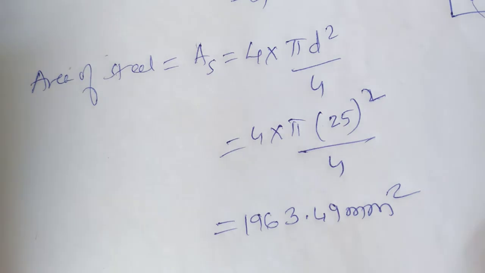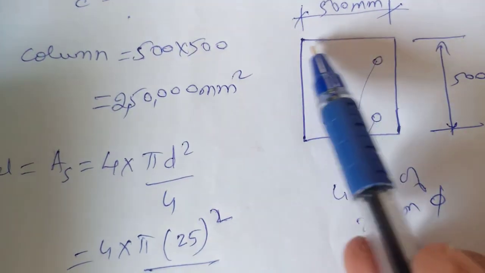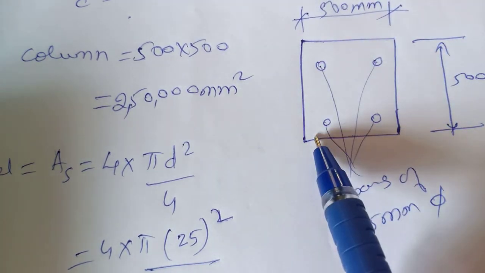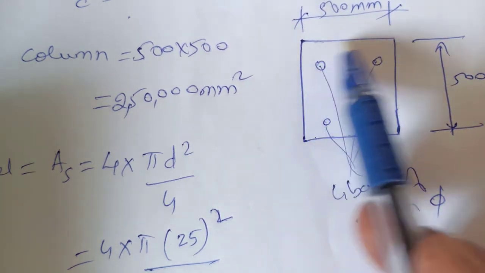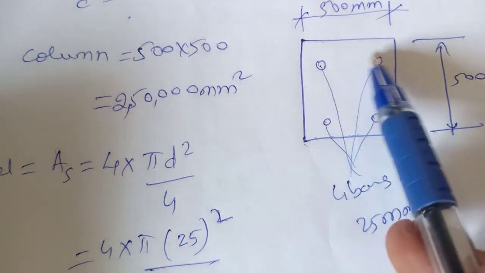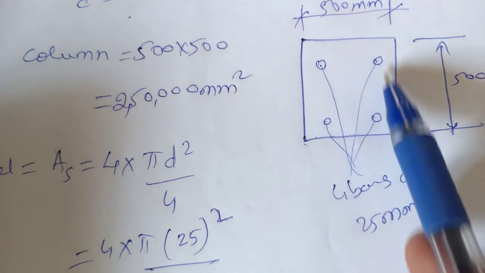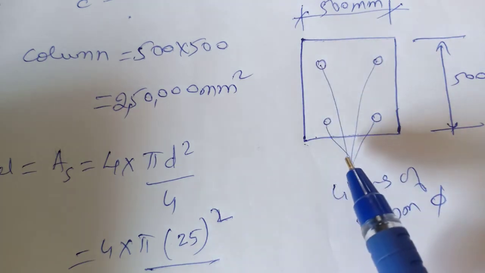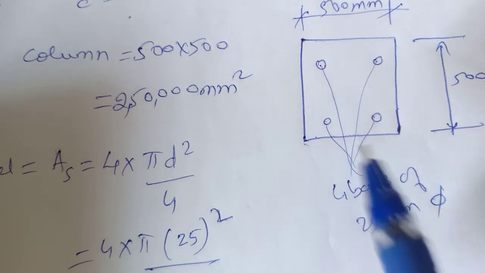In the diagram you can see here, this is the square column 500 by 500. So you can see here total area outside you have, and you have the area of the bars also. So if you want the area of concrete, you can subtract the bar area from the outside area, you will get the area of concrete.